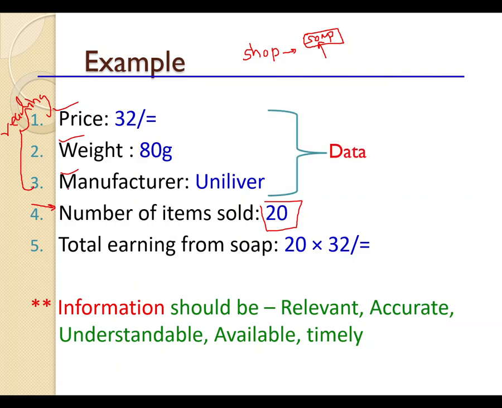Then how can I collect this number of items sold? I am talking to the shopkeeper. I am asking the shopkeeper, Mudalali, how many such soaps did you sell for the day? Then Mudalali will recollect. Okay, today morning I sold 2 such soaps. Then at around 10 I sold around 5, another 6.